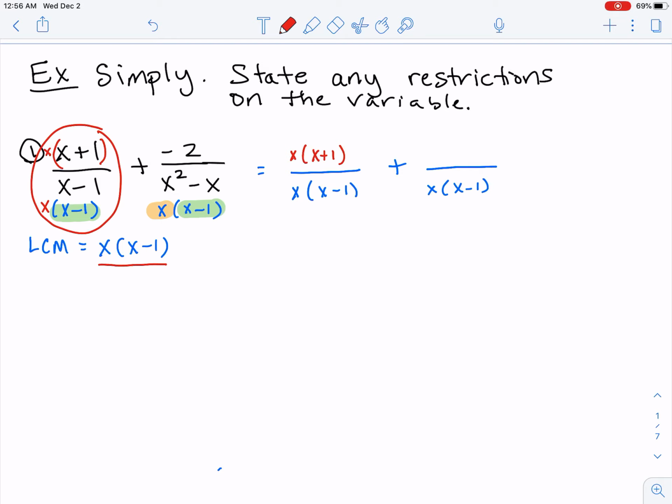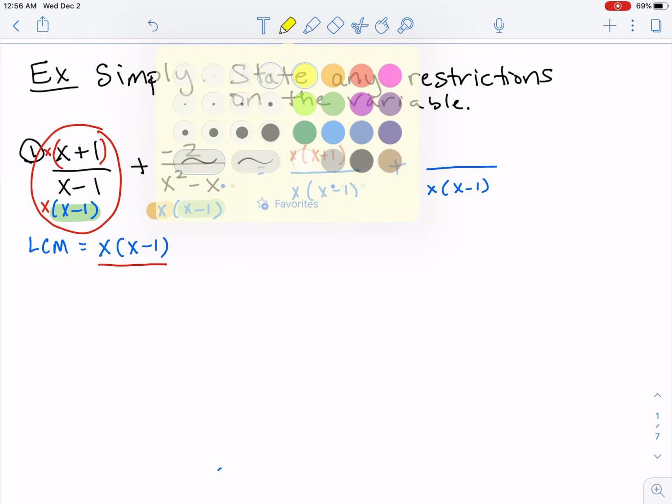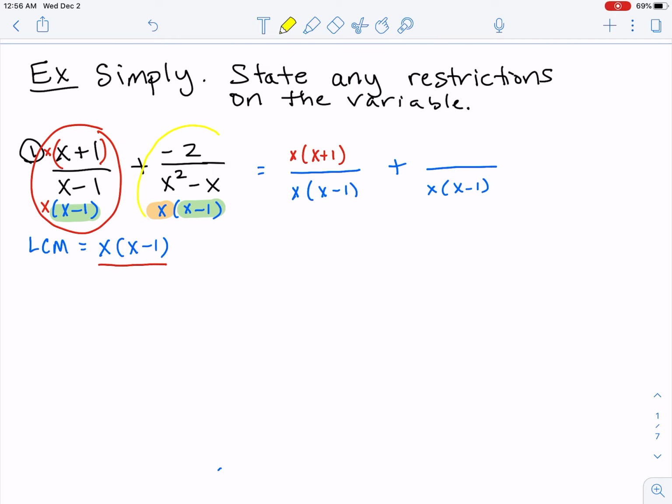Okay, so now let's take a look at this second term. I'll circle it in yellow. Okay, and I'm looking at this denominator, and it looks like it already has that denominator. So its numerator is -2. I don't have to multiply by anything, because it already has that least common denominator.